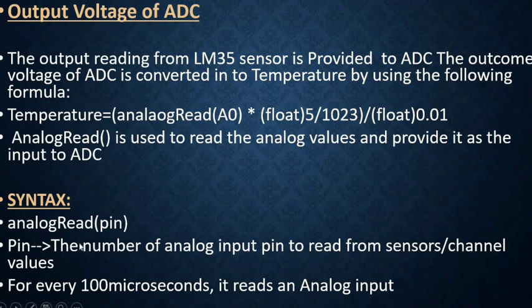And next, the output voltage of the ADC. The output reading taken from the LM35 sensor is provided to the ADC. The output voltage of the ADC is converted into temperature by using the following formula: temperature equals analogRead, we read the analog value from pin A0, multiplied by 5, divided by 1023, and divided by the float value 0.01. The analogRead is used to read the analog values and provide them as input to the ADC.